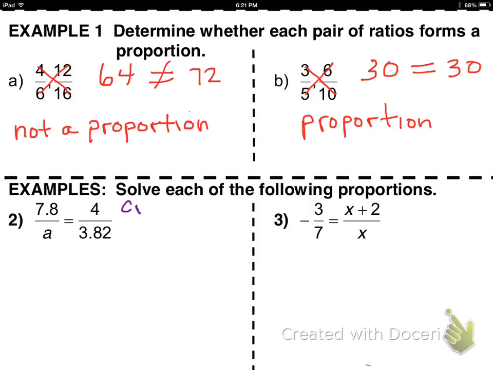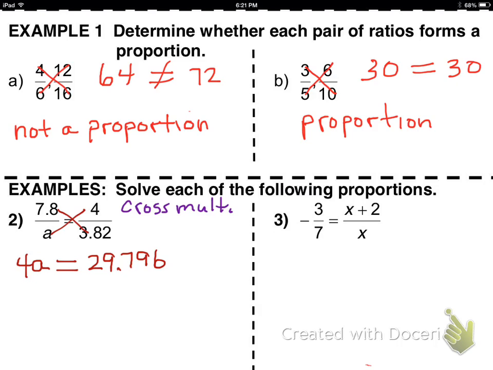So the first step is to cross multiply. So we'll cross multiply A times 4, which gives us 4A, and then we'll do the cross multiplication of 7.8 times 3.82, which gives us 29.796.